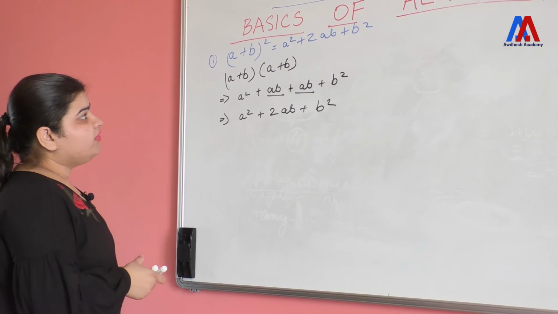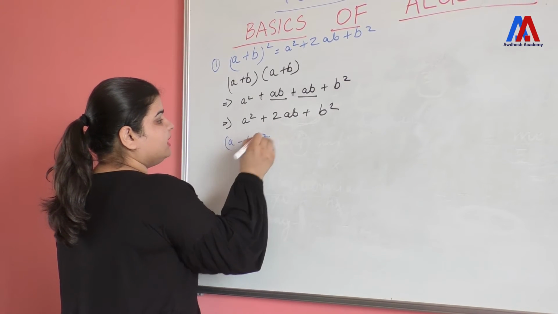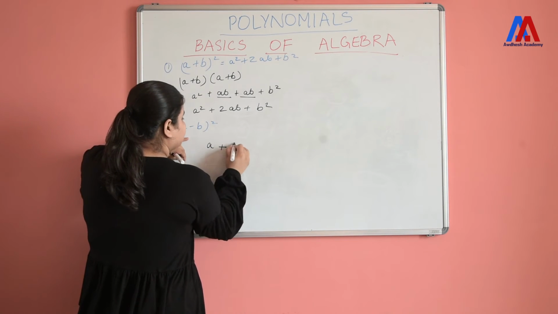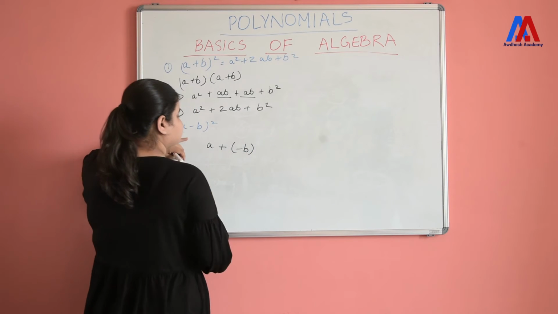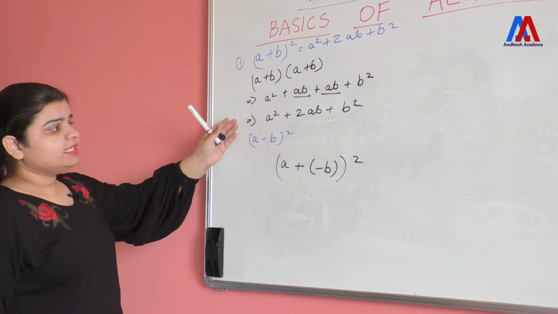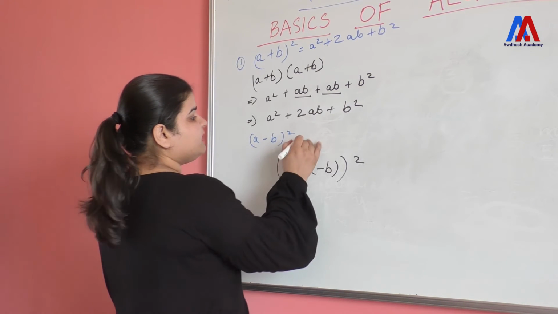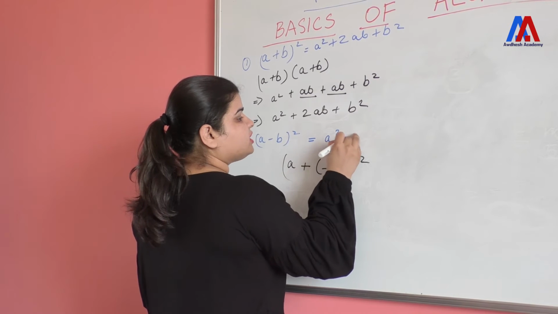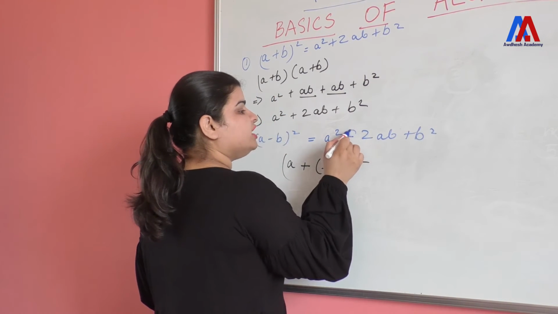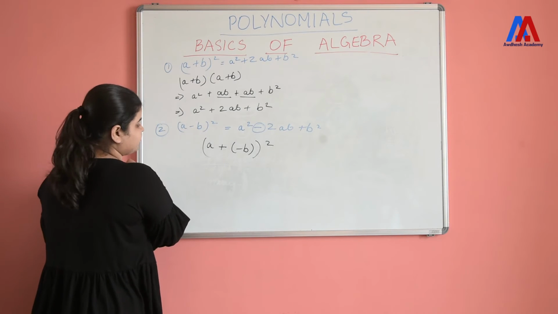Now if we have (a - b)², this will be nothing but writing (a + (-b))². So the derivation will be the same, and (a - b)² will become a² - 2ab + b². The only change will be here. So this was our second identity.